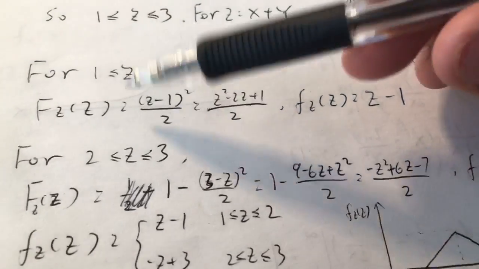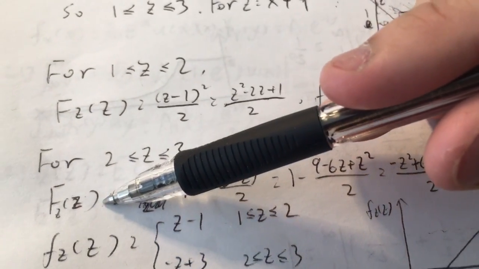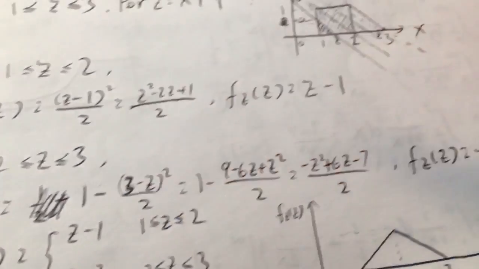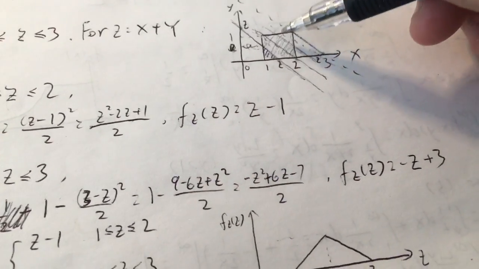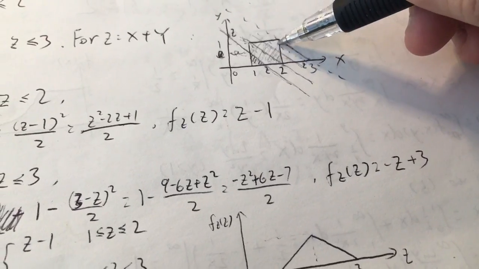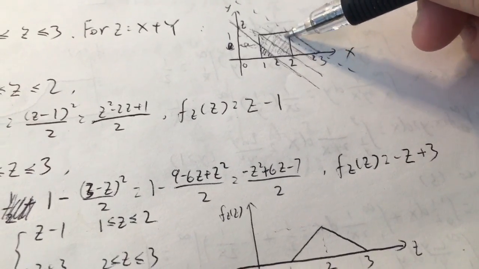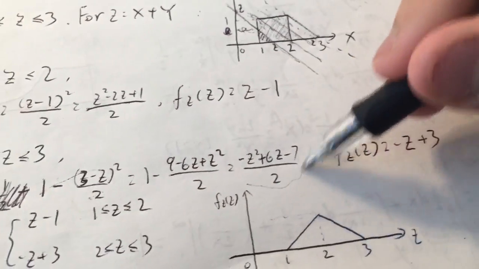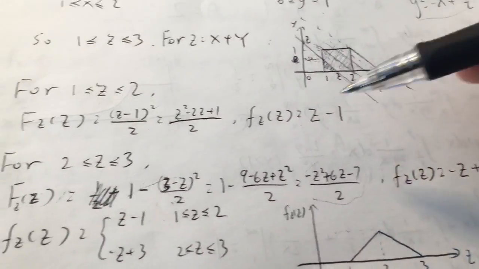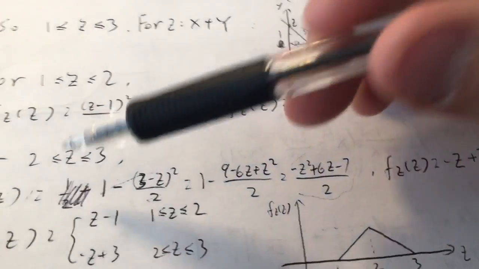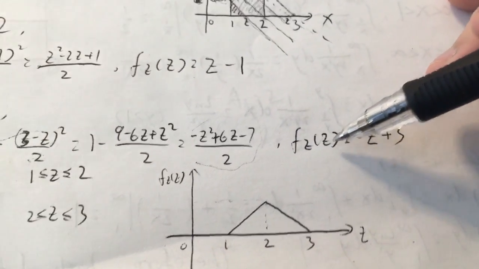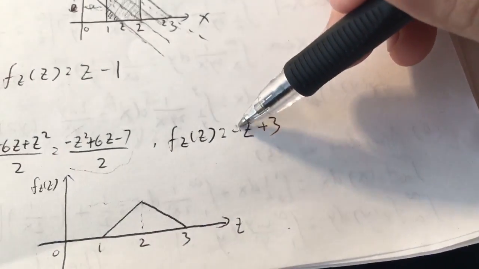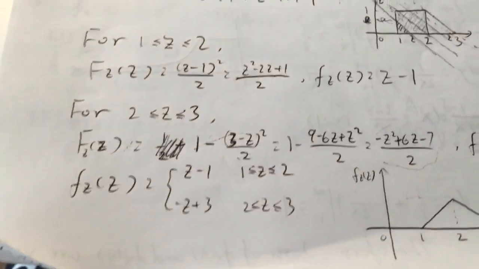We use the same way, and we got the distribution function of z equals 1, where 1 is the area of this square, minus the area of this triangle, and we got this. So this is the result of the distribution function of z in this interval, and we also got the density function of z equal to negative z plus 3.